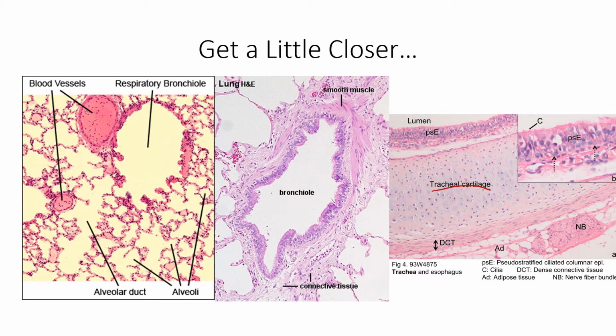So here we have our tracheal cartilage, which should look very familiar when we think about what cartilages look like. We have a bronchiole right here, so that's just a little tube. We can see the smooth muscle surrounding it. And then over here, I think this one's really interesting. We can see our alveoli and alveolar ducts and how they are hollow.